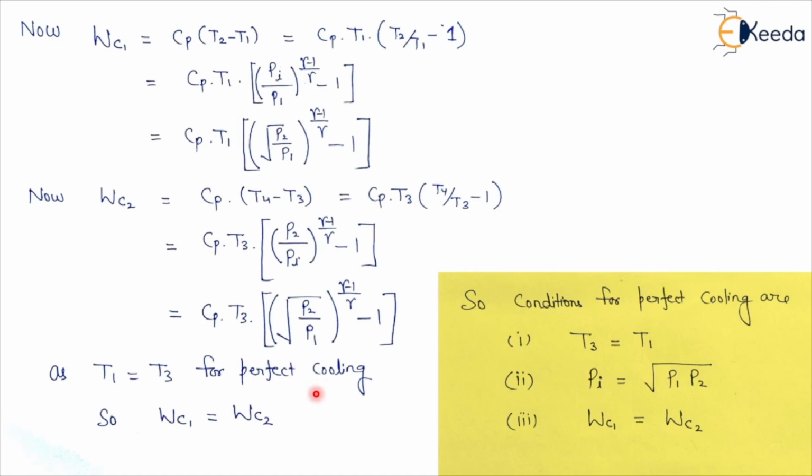So friends, these are the conditions for perfect cooling: T3 will be equal to T1, the intermediate pressure Pi will be equal to the square root of the product P1 into P2, and the third condition is that the work input to the compressor 1 will be equal to the work input to the compressor 2.